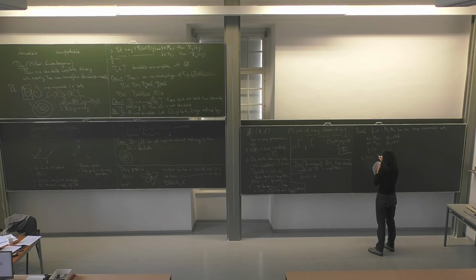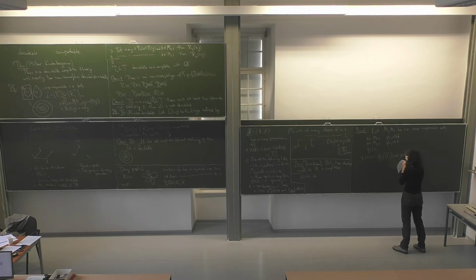It will say, for every y: if there exists an s less than or equal to x such that y belongs to M0 by stage s, then p_y should divide u.